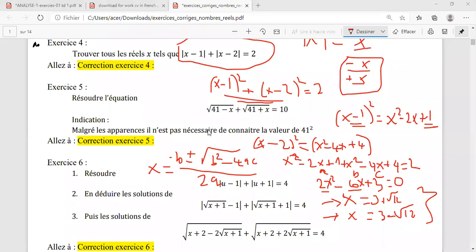Okay, we have Paul. Paul, your hand is up. Yeah, I want to find out how the person that answered arrived at x equals 3 plus the root of 12, and the other one x equals 3 minus the root of 12.